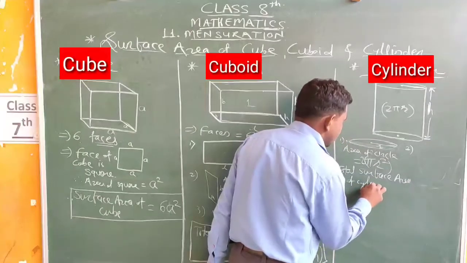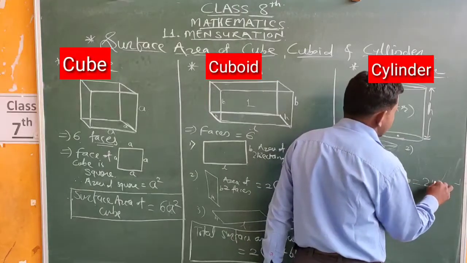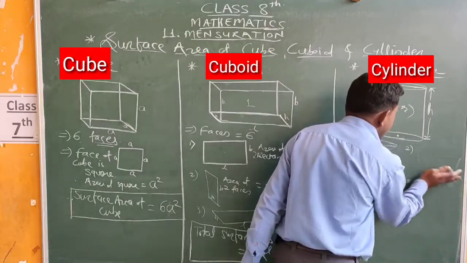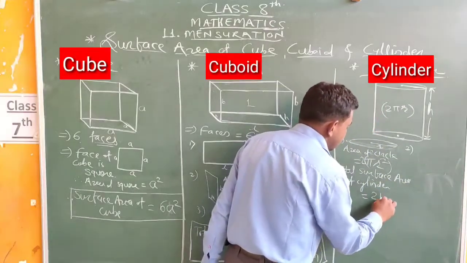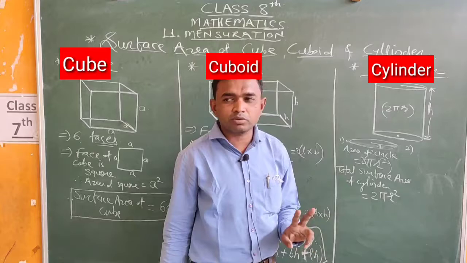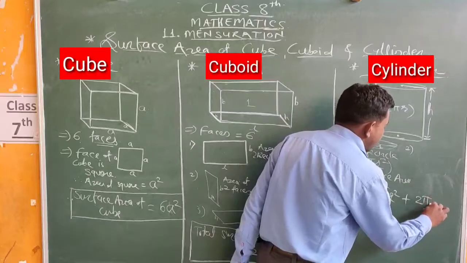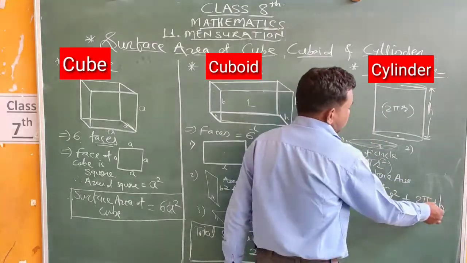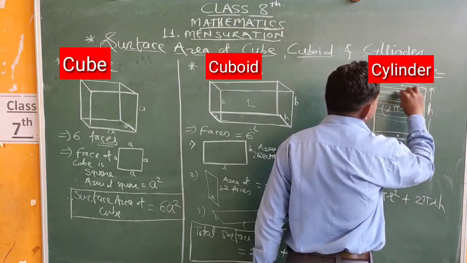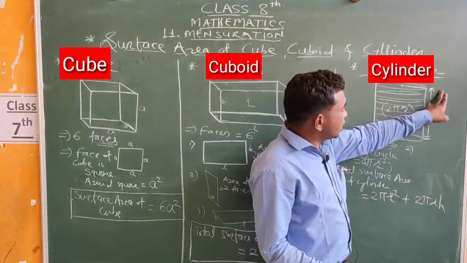of a cylinder, what is the formulation? Area of the two circles means 2 pi r square, plus, I am going to write it down, 2 pi r square, means this cylinder consists of two circles and we are going to find the area, therefore 2 pi r square plus here 2 pi r h. 2 pi r represents this circular area, means it's a circle, and circles are kept one on the second one, that means they create a height.